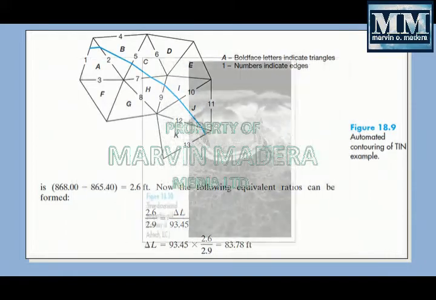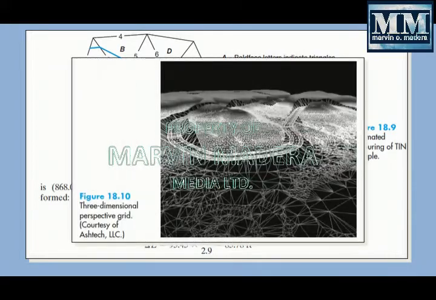This is another way of presenting a three-dimensional perspective grid, similar to the TIN. This figure here is in perspective view.